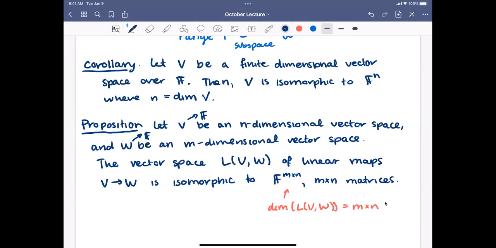So just to summarize, we're going to prove that the vector space of linear maps from V to W is isomorphic to the space of m by n matrices.